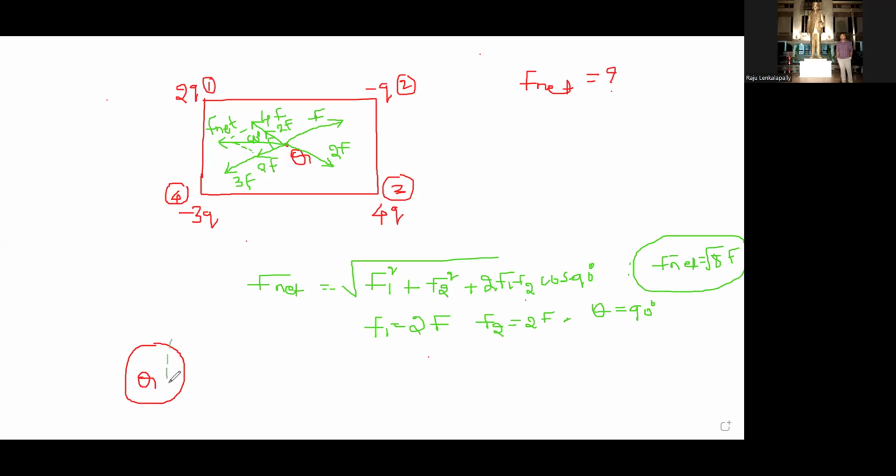For example, I remove this from the charge. The removed portion is displaced by some distance d. After removal, this Q will become Q minus q. The removed charge is small q, and the distance in between is d.